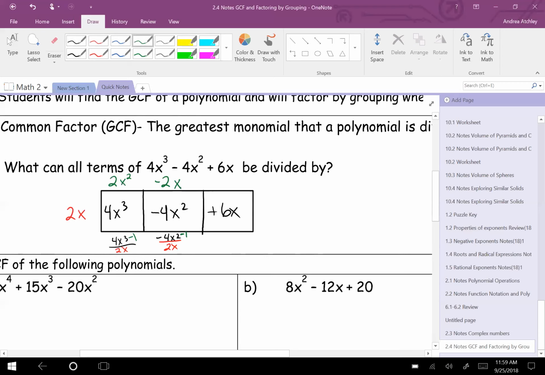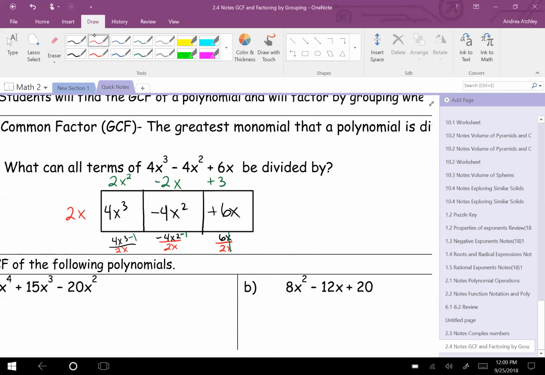Any questions so far? Okay, next one, last. We're going to take that 6x and divide it by the 2x. 6 divided by 2 is 3, positive 3. And then the x divided by x is 1. So we're just left with the 3.